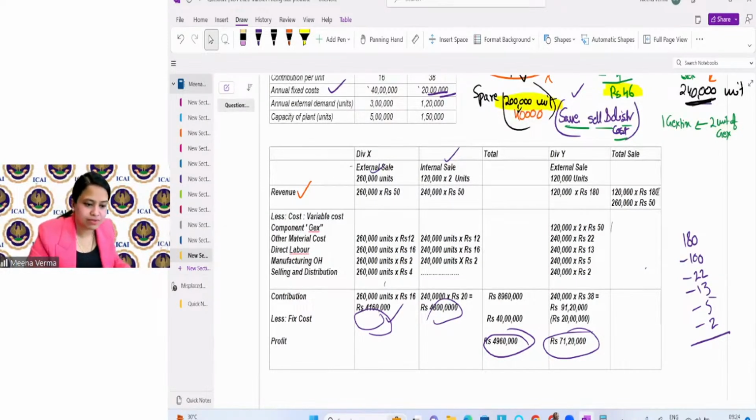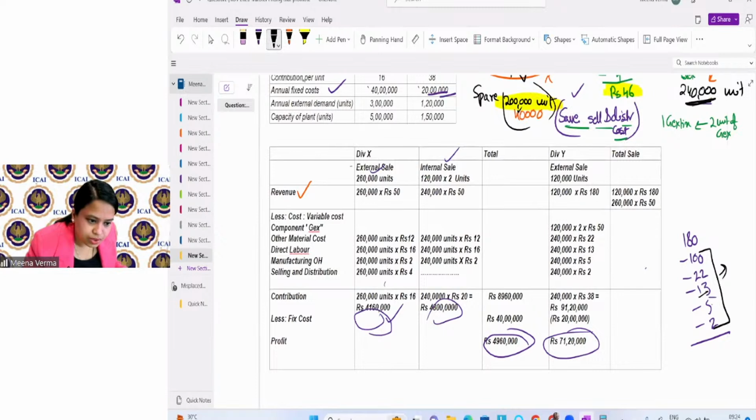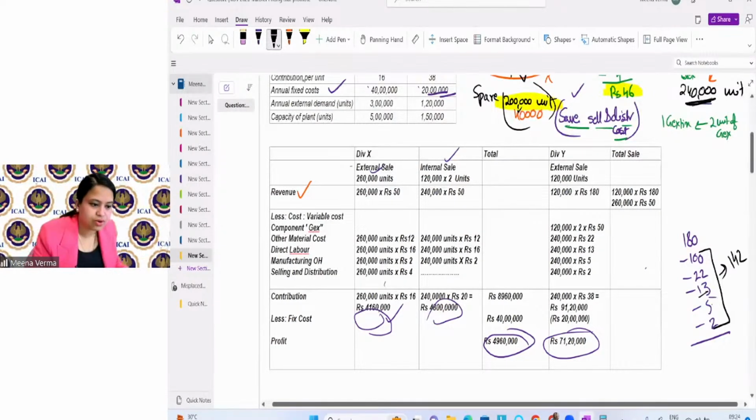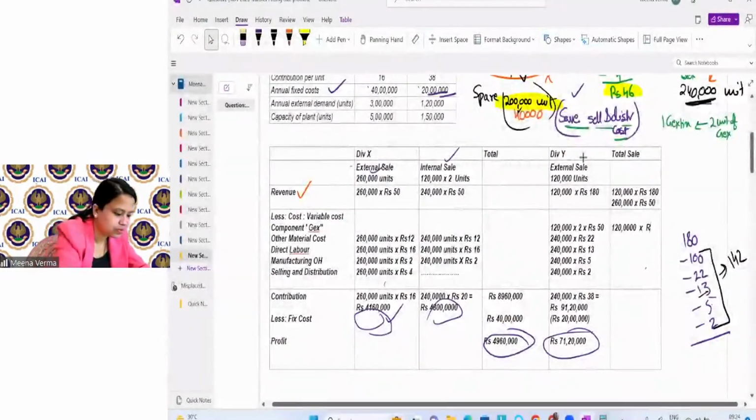I will consider all these costs here. So what is it? 142 is the variable cost here. For 1,20,000 unit, the variable cost will be, I'm just writing it in this way, into rupees 142. Okay. This is the variable cost for this division.